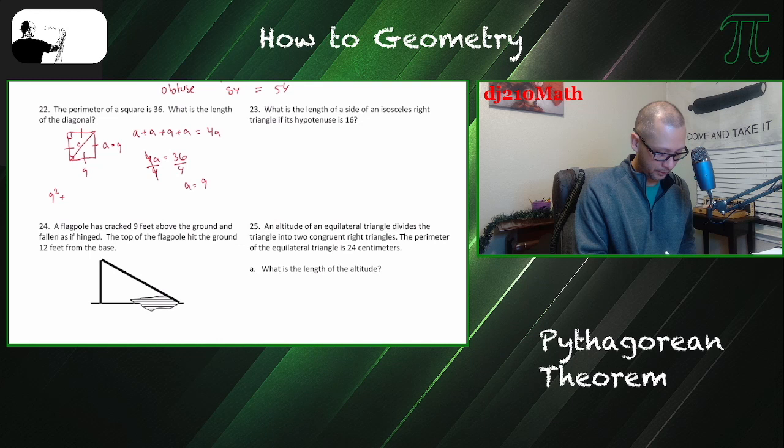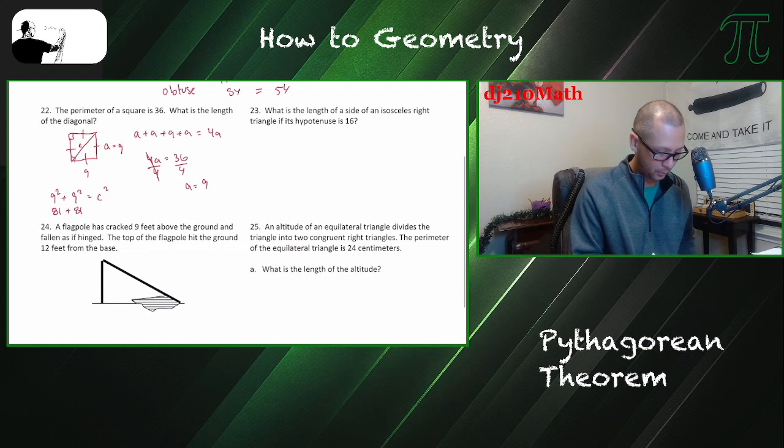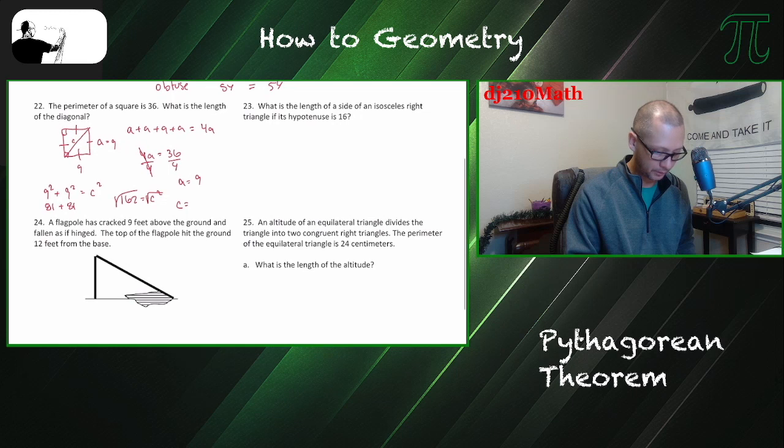So 9 squared plus 9 squared is equal to C squared. This is going to be 81 plus 81, which is 162. And that's equal to C squared. So I take the square root to isolate C. C is going to be equal to root 162.